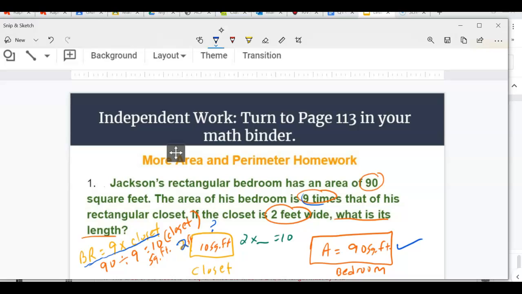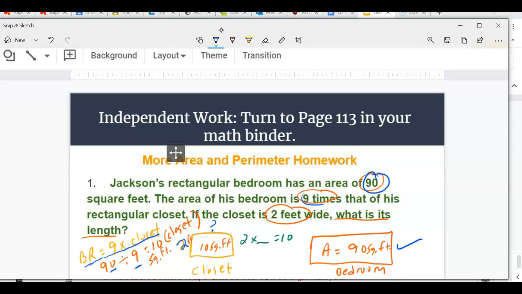It's 9 times more than the closet. So we take the 90 square feet for the bedroom and divide it by 9 because it is 9 times bigger than the closet. Then that's going to give us the square footage for the area of the actual closet.